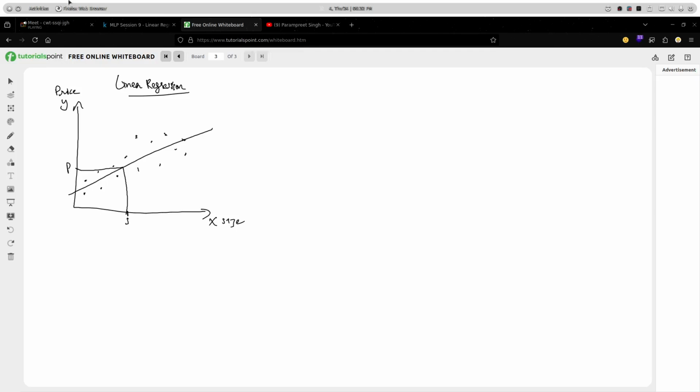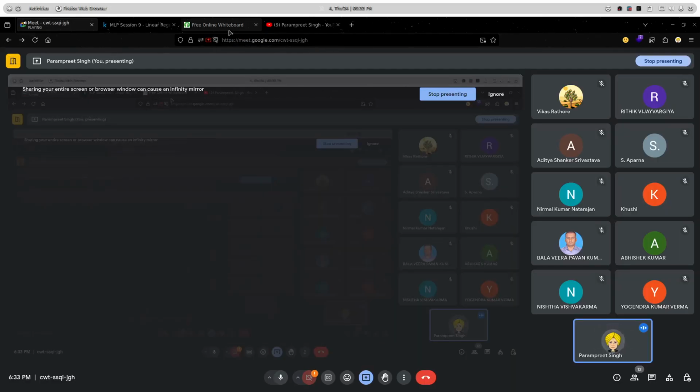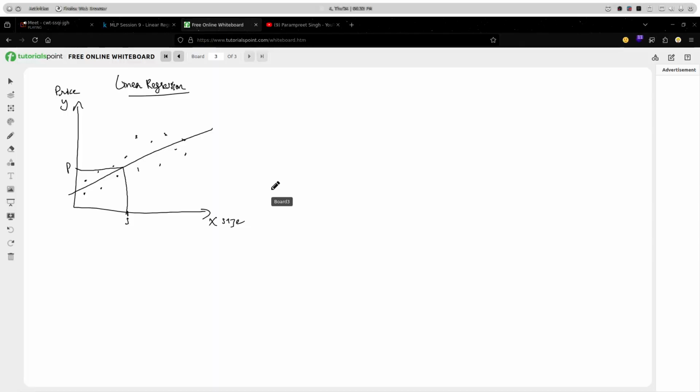This is just an abstract overview, not the in-depth explanation right now. This is the basic thing, and the main task in linear regression is to find the perfect line. How? Let me create a new one.